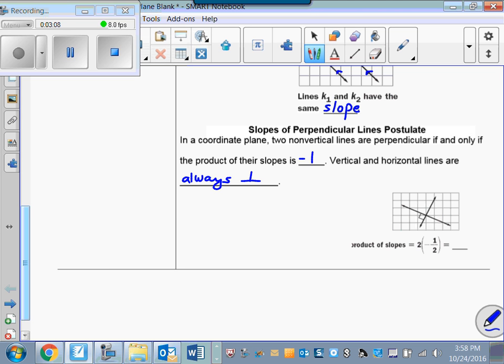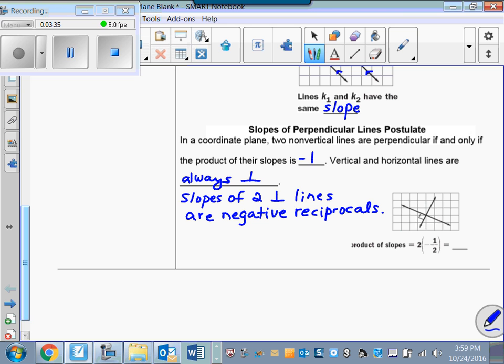Okay, and if the product of their slopes is -1, that means the slopes of two perpendicular lines are negative reciprocals of one another, right? Negative or opposite reciprocals of one another.